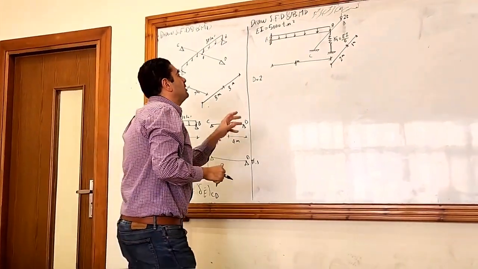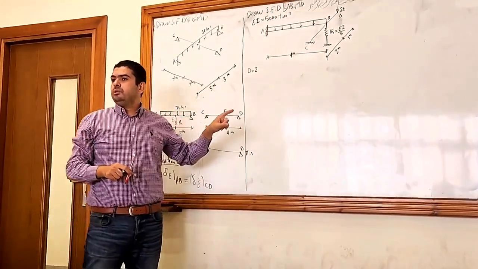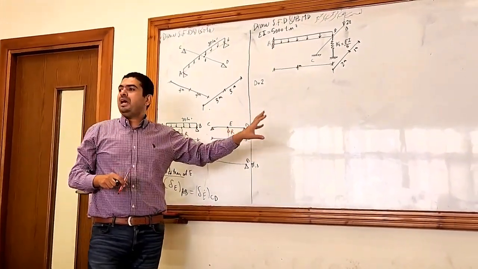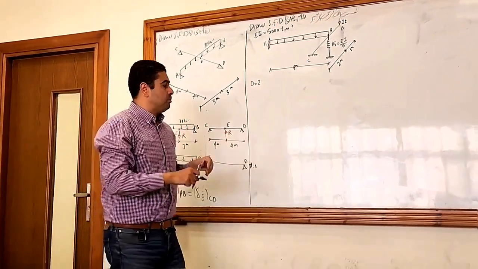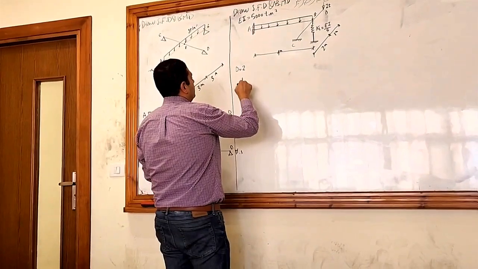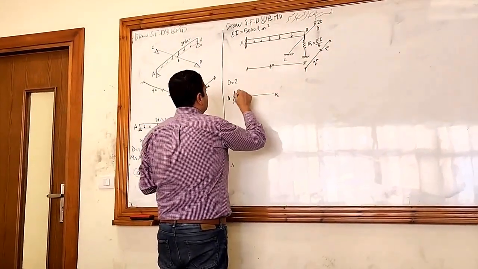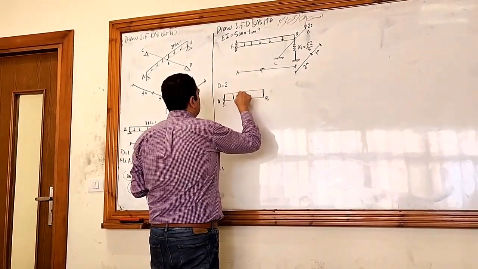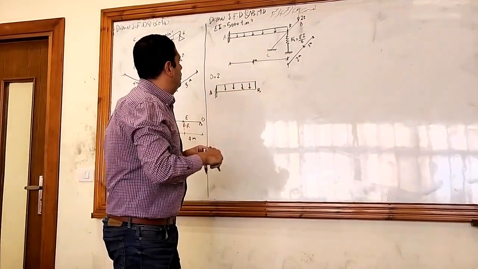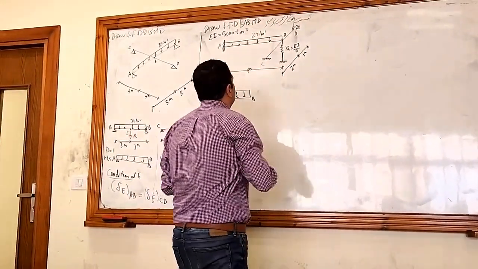What is the structural system? Let's think about the structural system, without the spring, and then when we add the spring. First, this is AB, the first cantilever, which has a uniform distributed load. I think the intensity is 2 kN per meter.